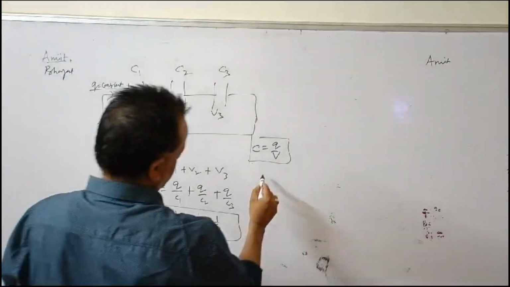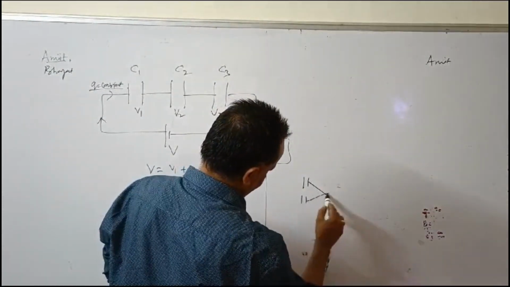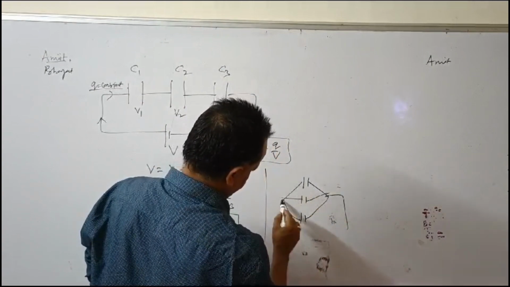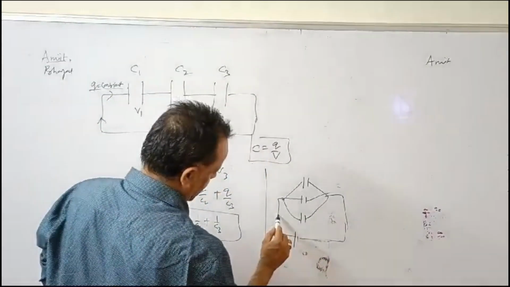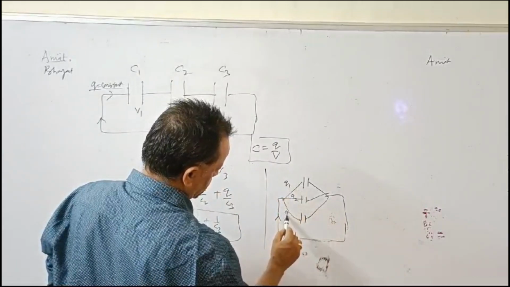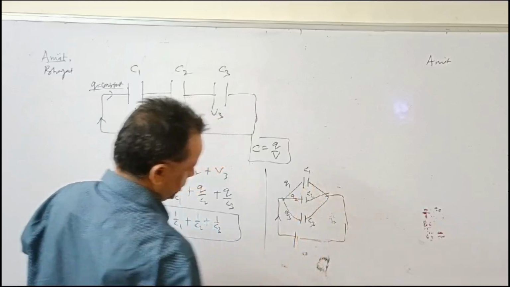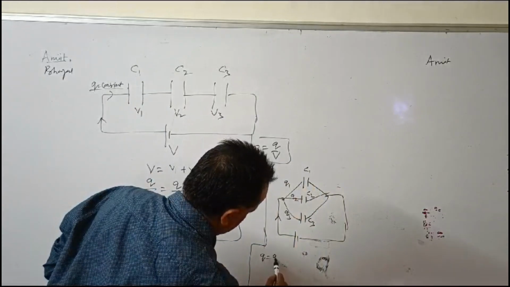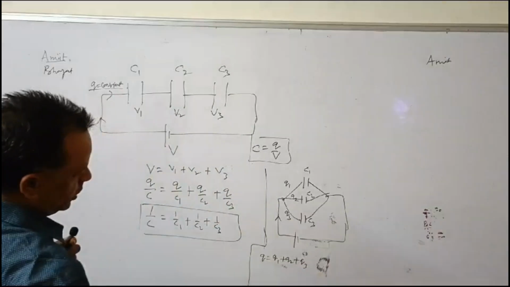But suppose they are connected in parallel, what will happen? Different charges will go through them. This is capacitor C1, this is capacitor C2, this is capacitor C3. There is a distribution of charge, Q1 plus Q2 plus Q3.